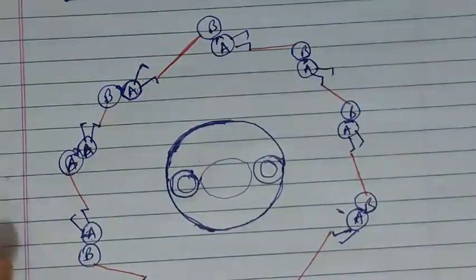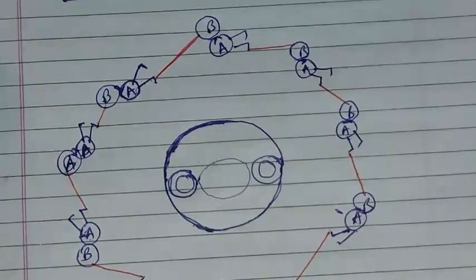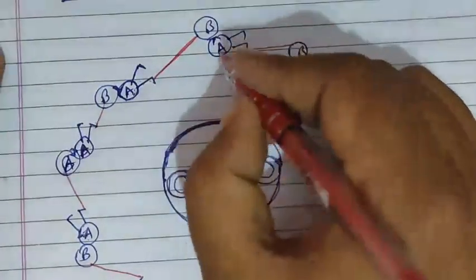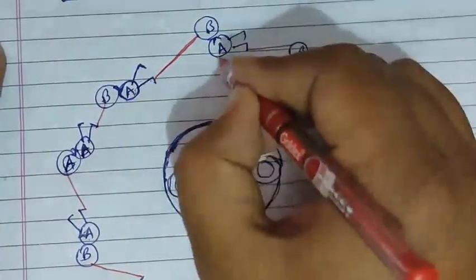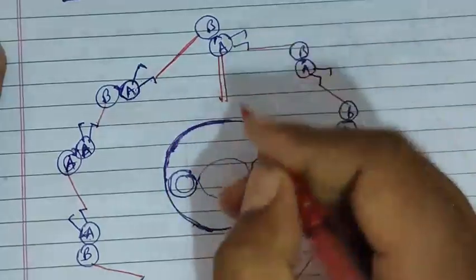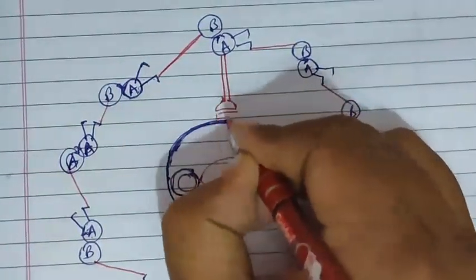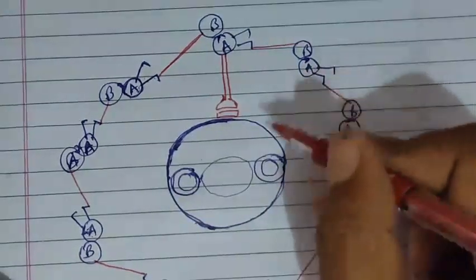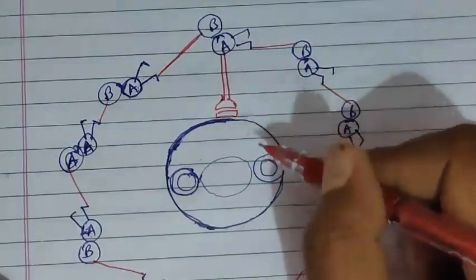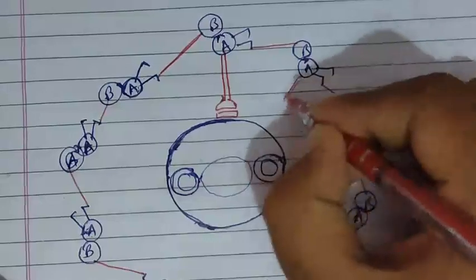Like this, the AB linker will be formed, and here this A is also associated with the central sheath by this radial spoke.